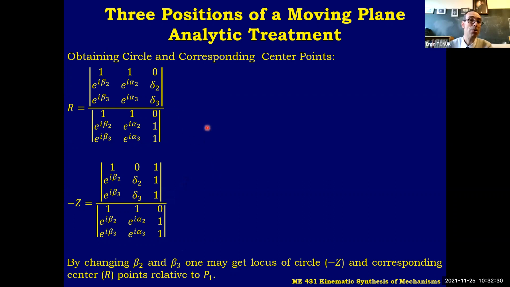So, for example, if you say beta 2 is 30, beta 3 is 45 degrees, corresponding to this, you will obtain an A, which is the moving pivot or center point, which is a Z, and substitute the same values and obtain the corresponding A0.